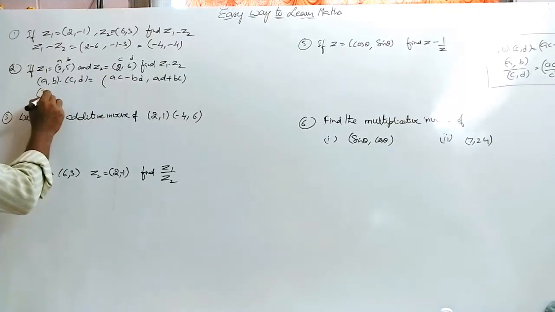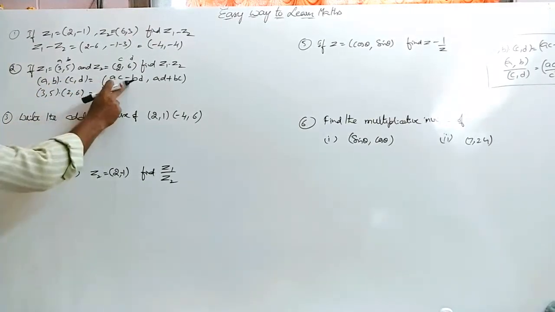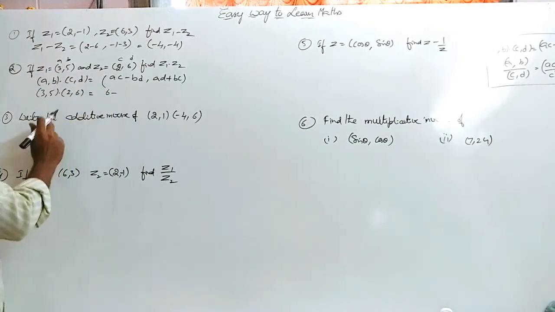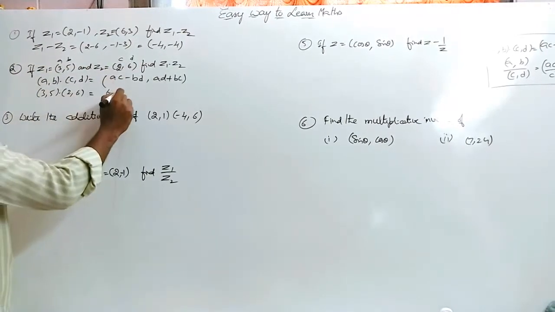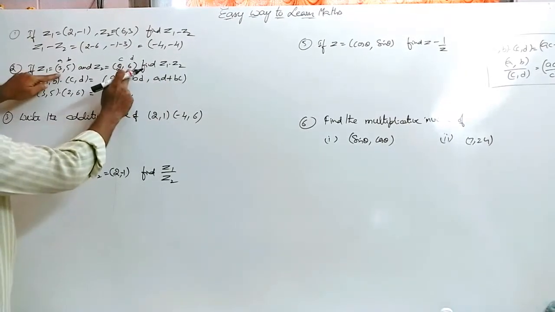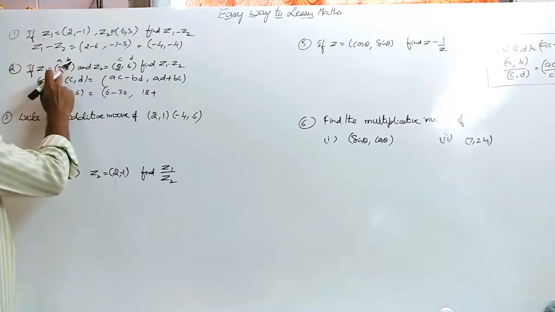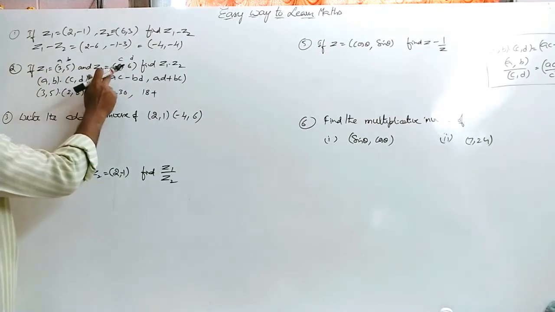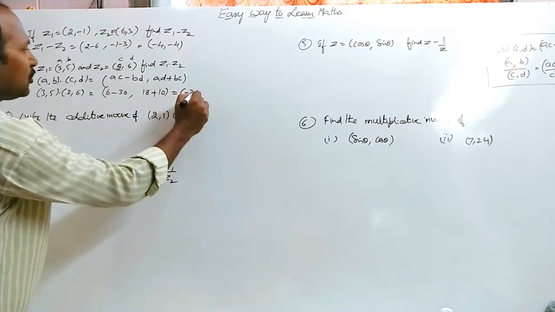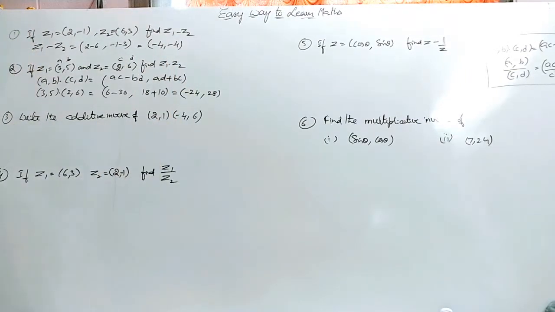Therefore (3, 5) dot (2, 6) is equal to ac minus bd: ac is 3 into 2, 6, minus bd, 5 into 6, 30, comma, ad plus bc: ad, 3 into 6, 18, plus bc, 5 into 2, 10. Therefore that is equal to (minus 24, 28), which is the product.